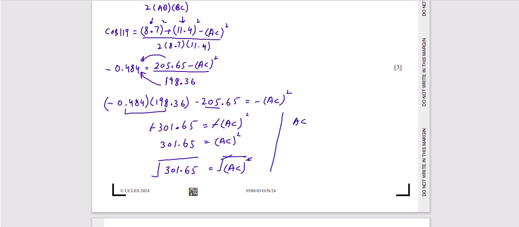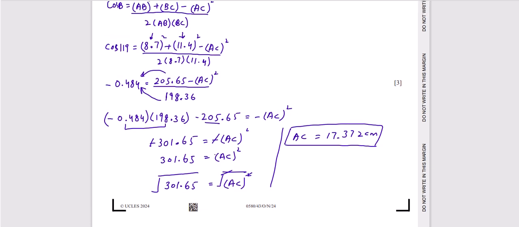So AC is equal to, calculate these values, 17.372. This is the answer, and write the unit centimeter. So AC is equal to 17.372 centimeter.